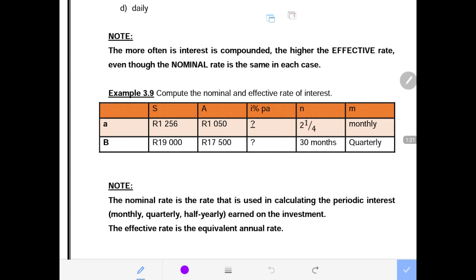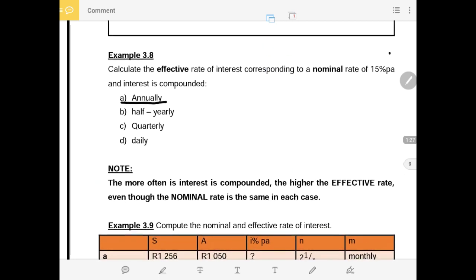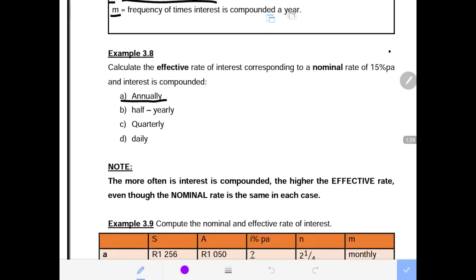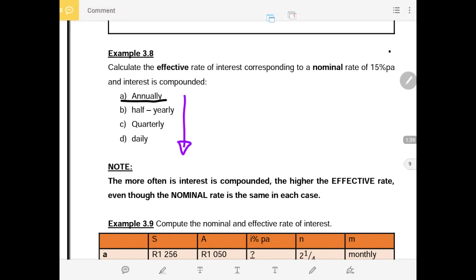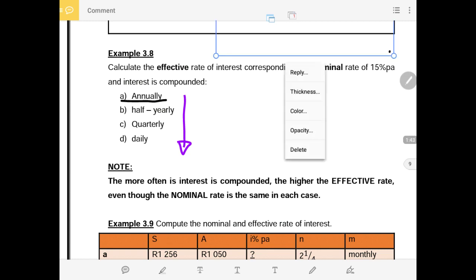And we have explained that in detail, and we have done different examples or different scenarios in example 3.8, where we saw that the interest was increasing at a rapid rate, because the number of compounds in a year were also increasing.